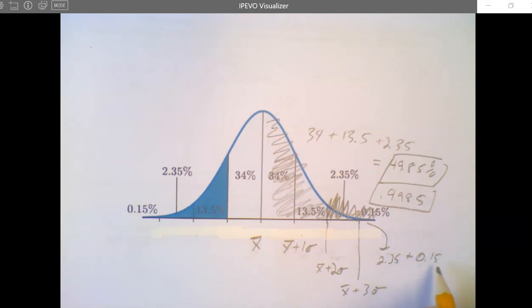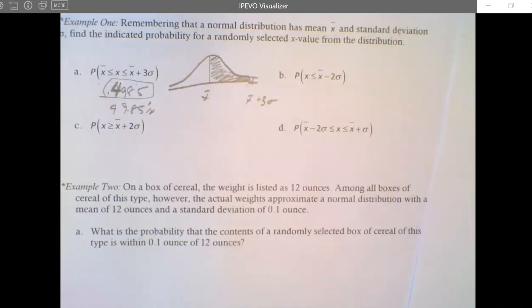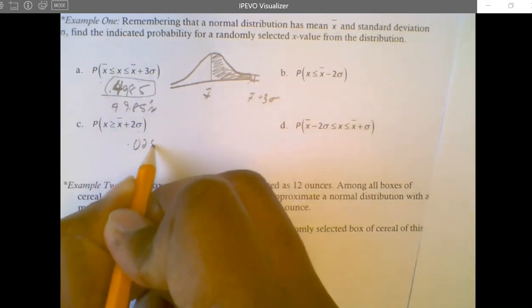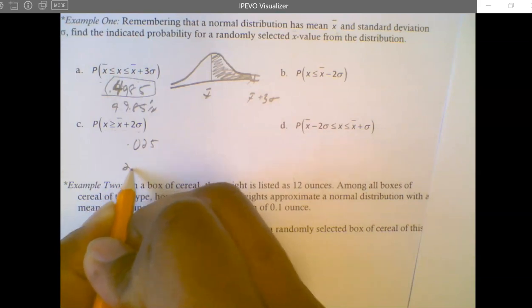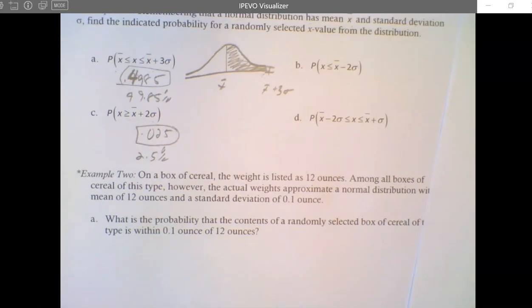So that would give you 2.5%. And as a decimal, 2.5% is 0.025. So probability is 0.025 or 2.5%. All right, so that's what that is.